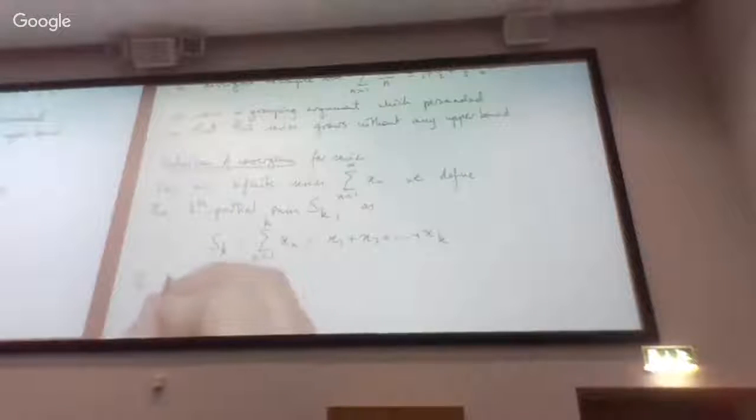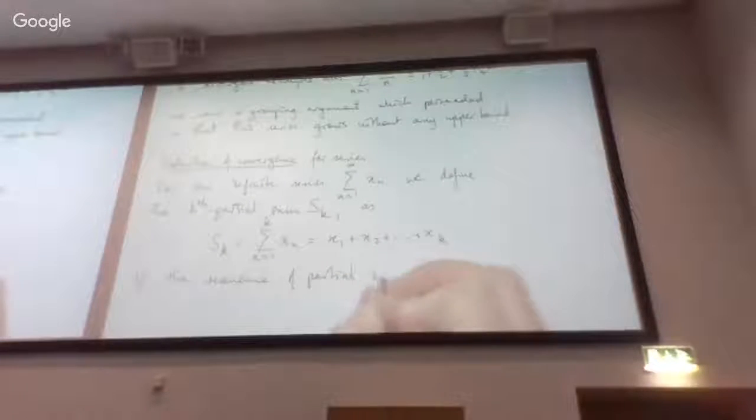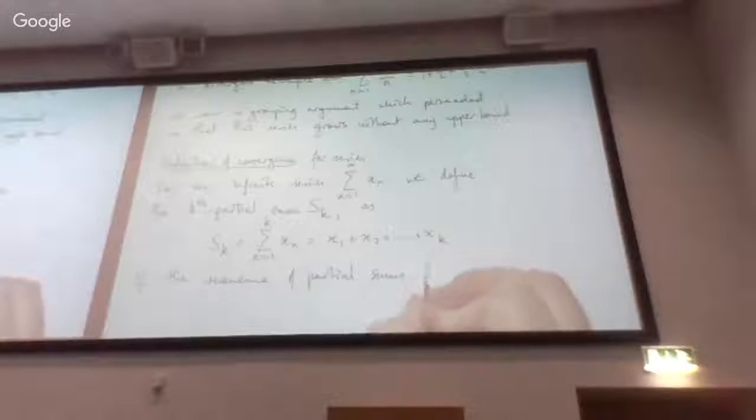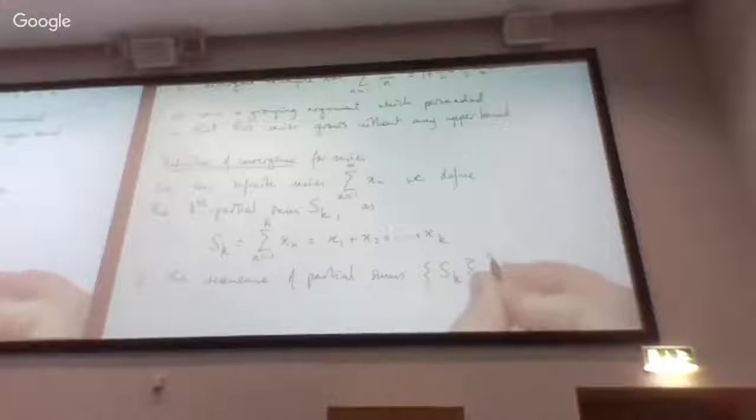And if the sequence of partial sums, so the sequence of partial sums is this sequence of quantities s_k as k goes from 1 to infinity, if that sequence is convergent, then we say the series is convergent.